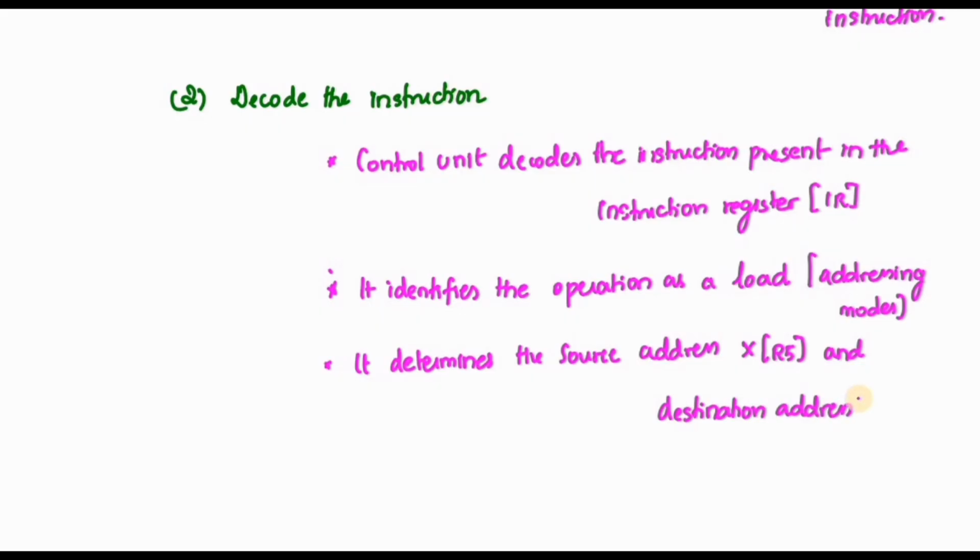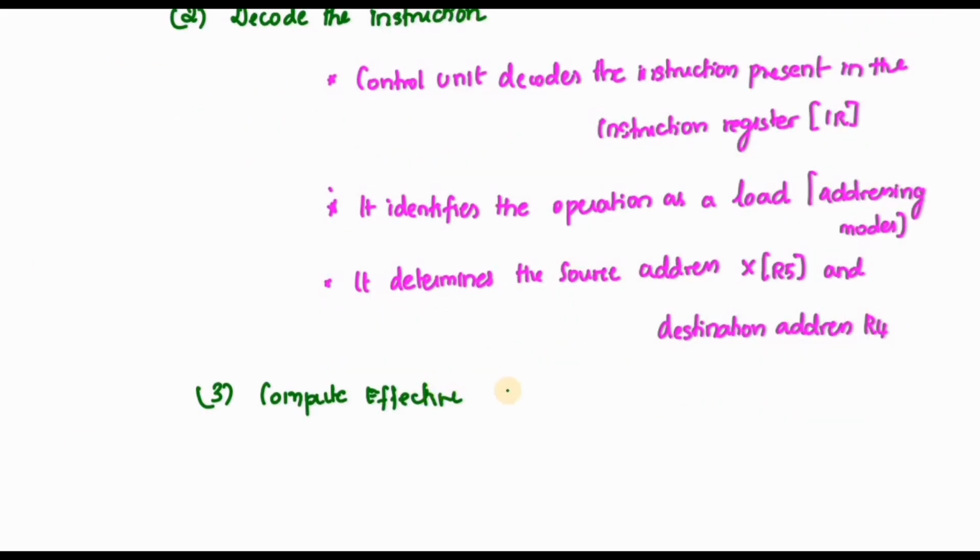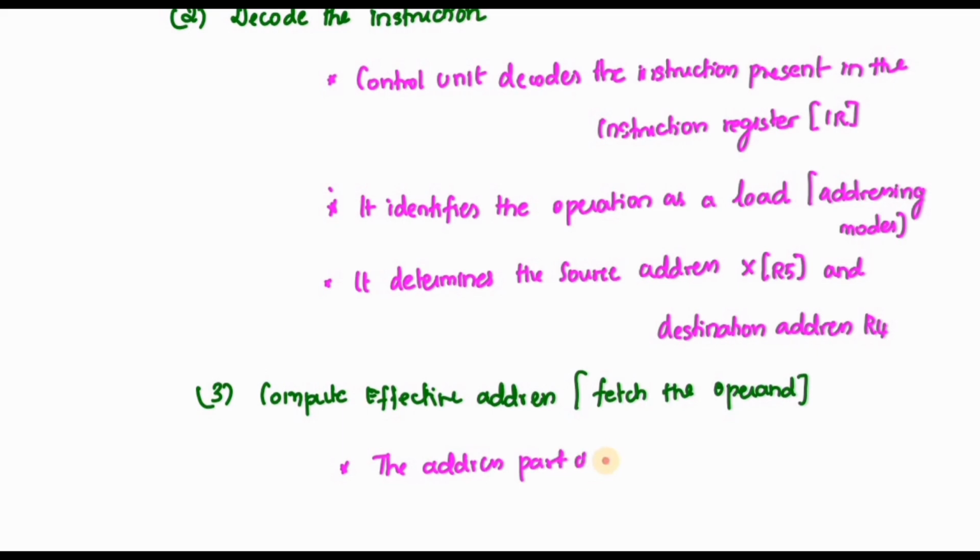The third step is to compute the effective address, that is, to fetch the operand. It is an optional step. Why it is optional: the address part of the instruction, x of R5, is placed in the MAR.